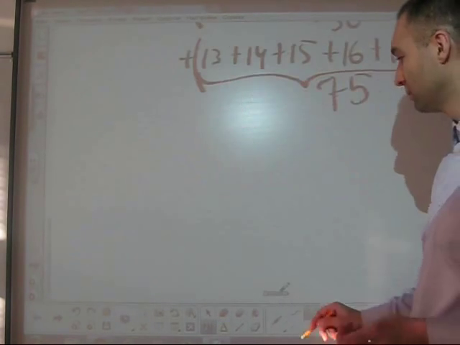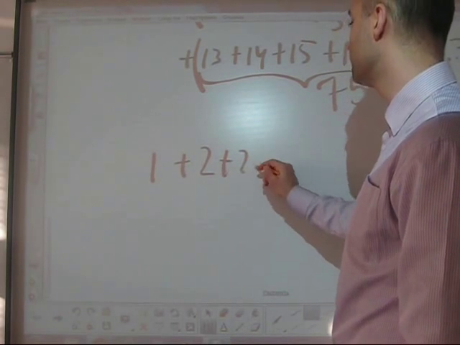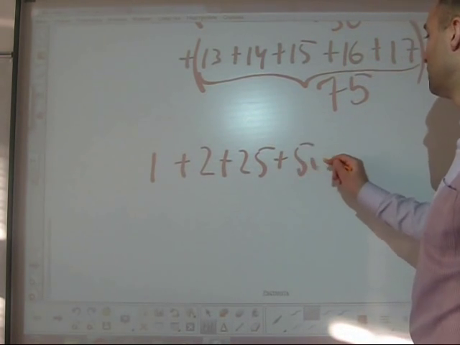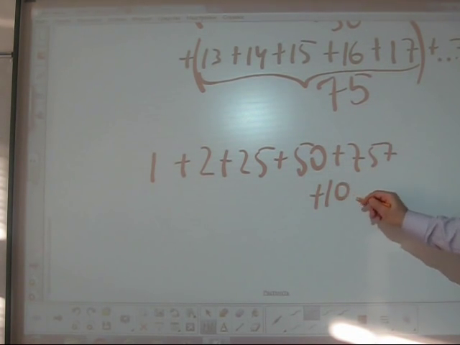So we can rewrite it as 1 plus 2 plus 25 plus 50 plus 75 plus 100 plus etc. equals N.